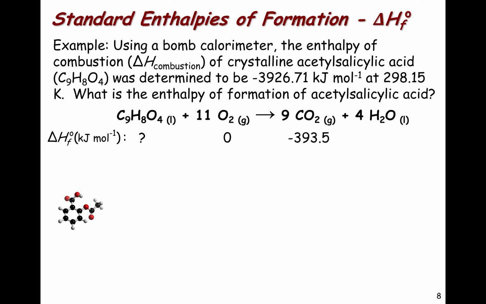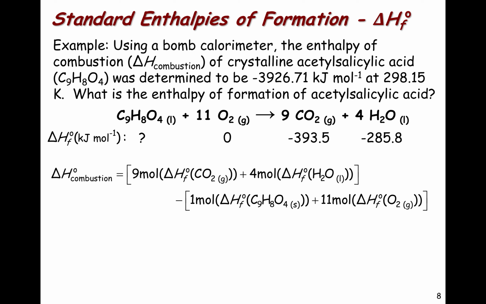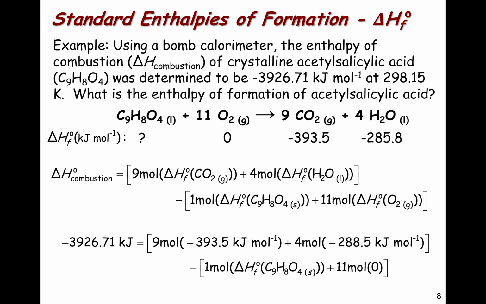The carbon dioxide you can look up, and that's negative 393.5 kilojoules per mole. And the water is negative 285.8 kilojoules per mole. Now, we take our coefficients, our n values from the balanced reaction, and plug those in for the products minus the reactants. And then we can plug in the delta H of formation values.